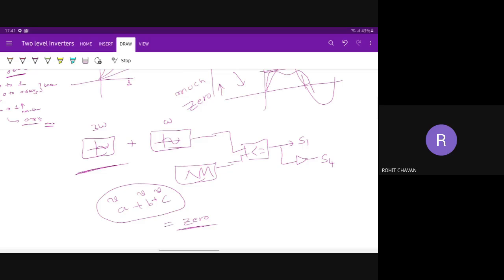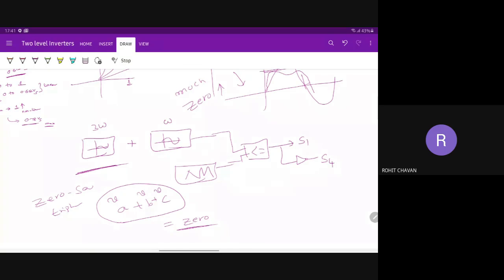Sir, isn't zero sequence related to fundamental frequency component? Zero sequence and third harmonic have similar properties. Zero sequence harmonics or triplet harmonics, all are the same.